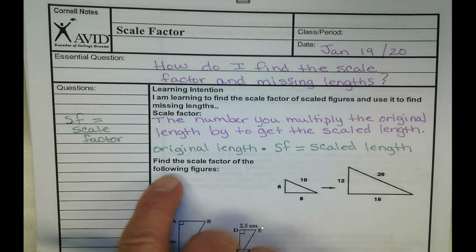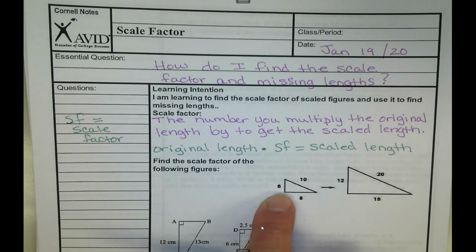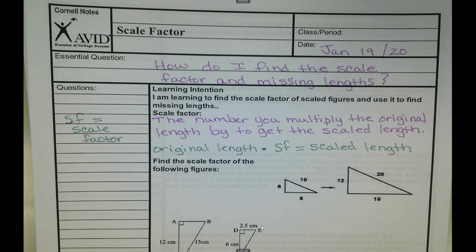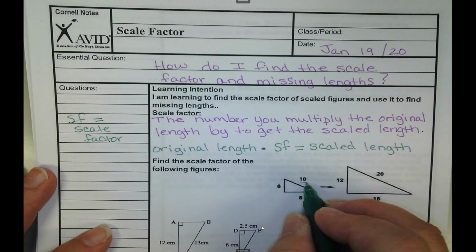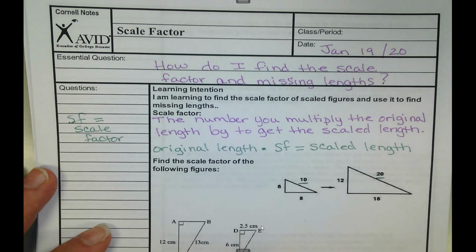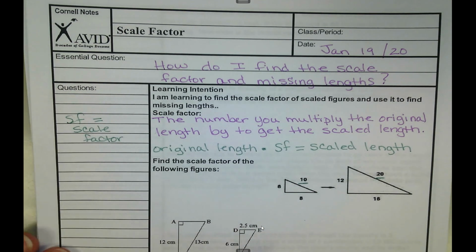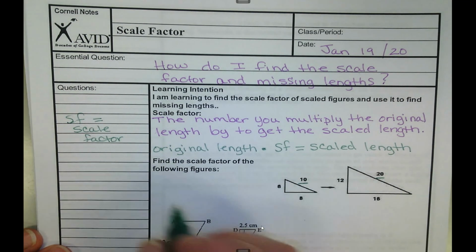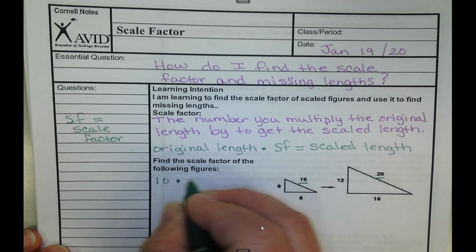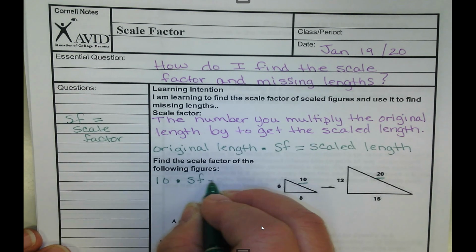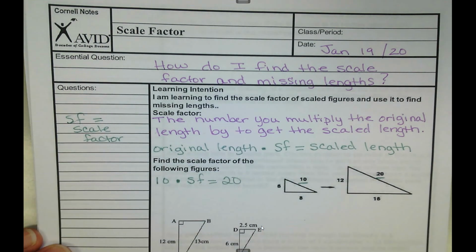So let's take a minute and let's find this. So you match up corresponding sides. Does it matter which ones? No, because you're told they're similar. So if I'm looking at it, I'd take 10 and 20. So the original is 10. 10 times my scale factor will give me 20.